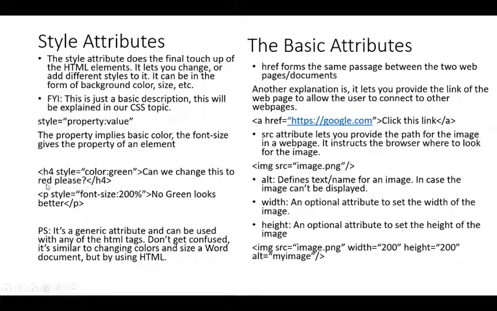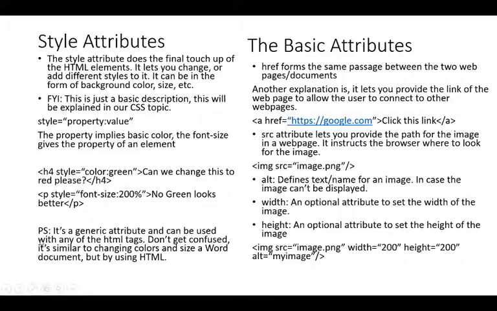You see, we have h4 and the style equal to the value, which has a property and the value. You see they have the color, and they want to set the h4 color to green, so they have a text to go with it. And they have the paragraph style. They want this text to have the size of 200%.